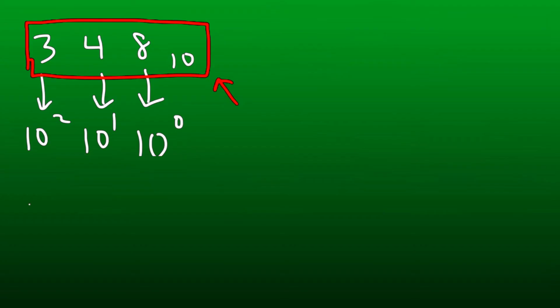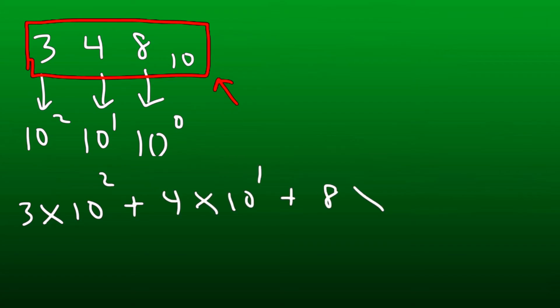So we can represent 348 as being 3 times 10 squared plus 4 times 10 to the first power plus 8 times 10 to the 0 power. Now 3 times 10 squared. We know 10 squared, or 10 times 10 is 100. 100 times 3 is 300.